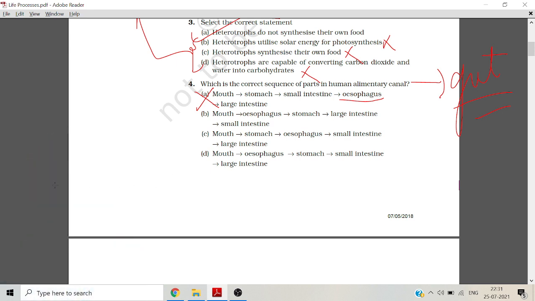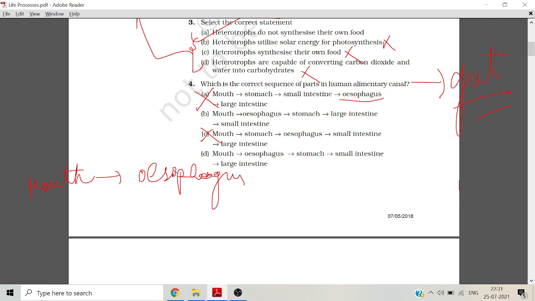For example, I know that first it will begin with the mouth, then it will reach the esophagus, and then the stomach. So C also gets eliminated, because in B and D only you have esophagus as your second answer, right?